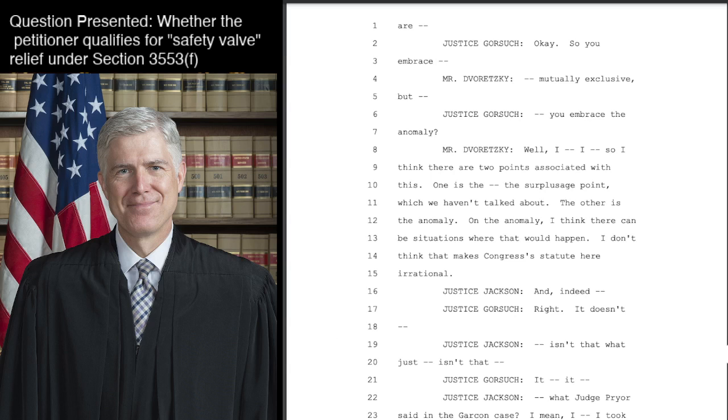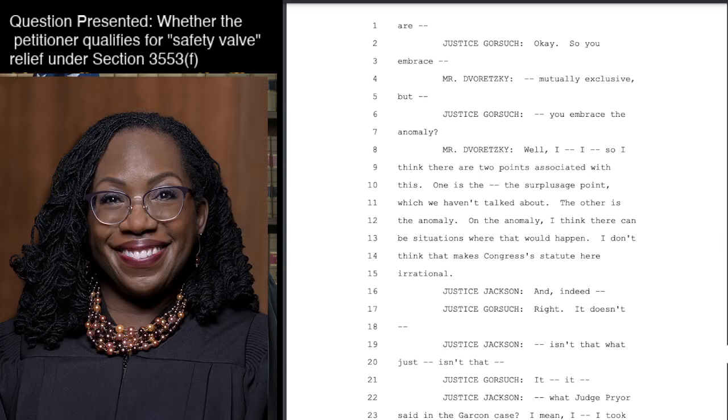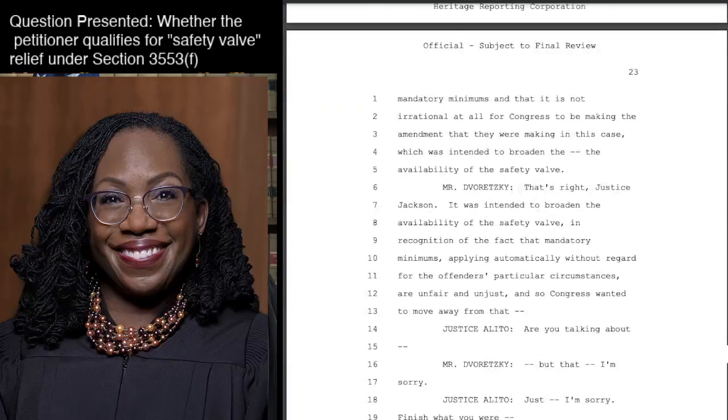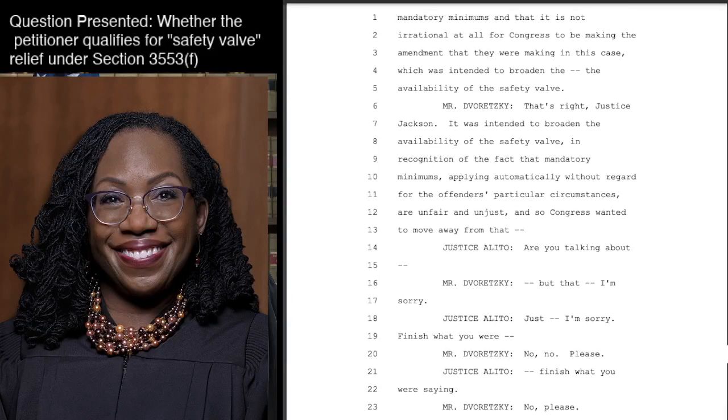And indeed, isn't that what Judge Pryor said in the Garcon case? I took you to be embracing his philosophy as to how the guidelines work relative to the mandatory minimums, and that it is not irrational at all for Congress to be making the amendment that they were making in this case, which was intended to broaden the availability of the safety valve.